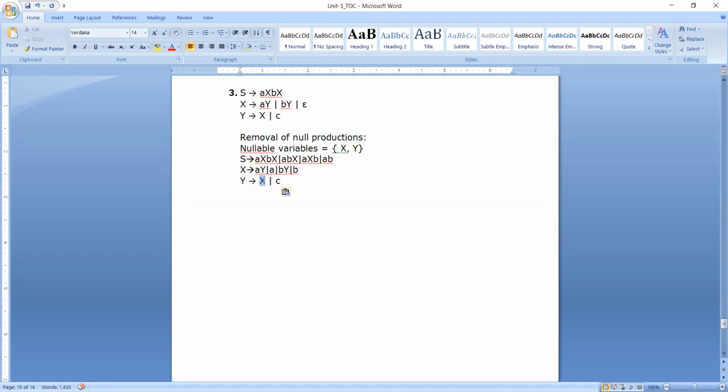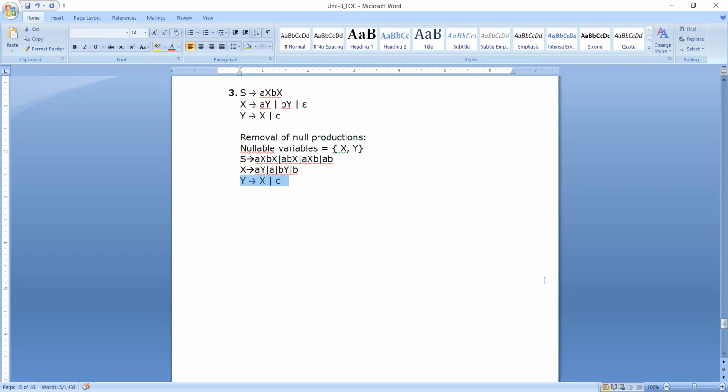Because if you remove this occurrence of X, then here we will again get the epsilon production. So we are putting this entire effort only for removal of the epsilon productions. So that is the reason why we will get our Y production like this.